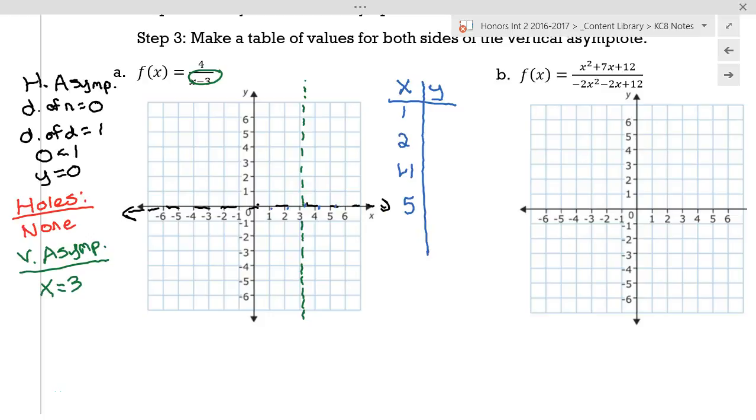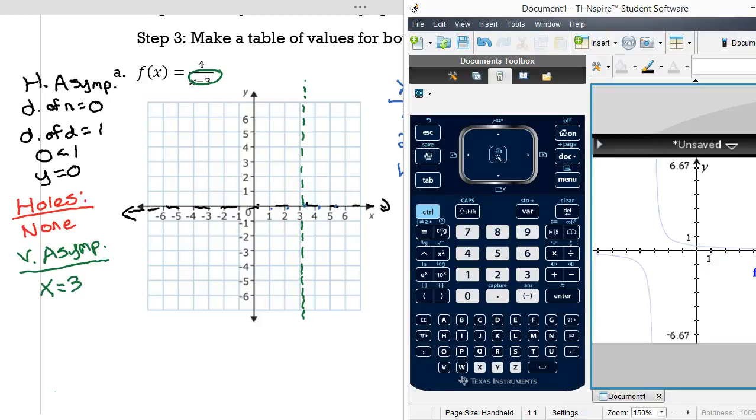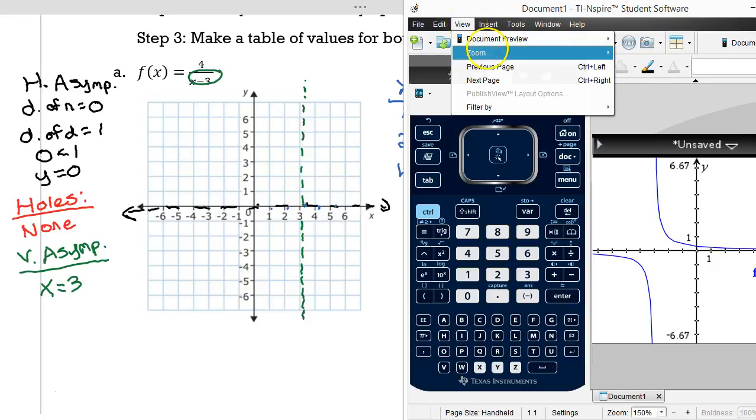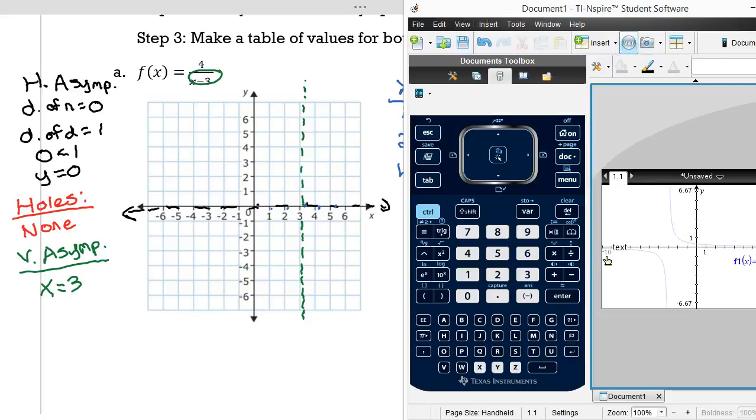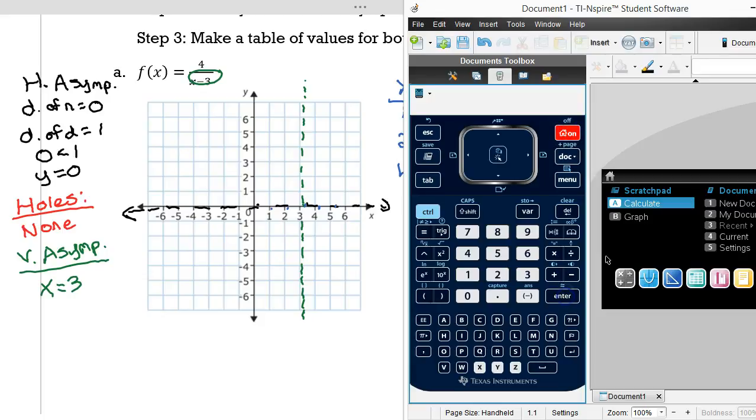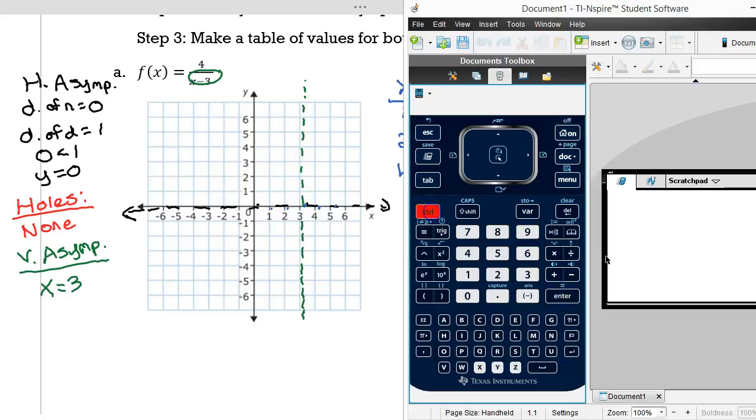And then all I am going to be doing is plugging these right into my calculator. One is, right, I'm just going to type it in just like that. Let me get to the calculator. 4 over 1, right, so I'm plugging in 1 minus 3.